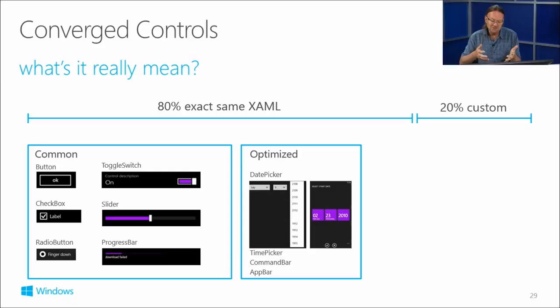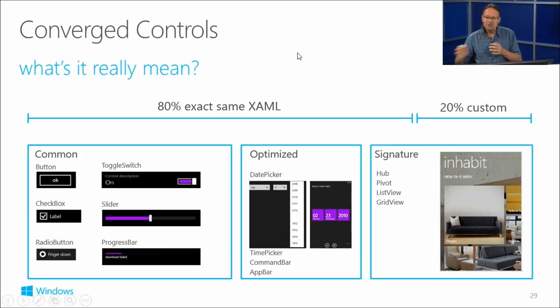A great example of that is the date picker, which on Windows Phone has these nice swipey rotary controls, but on the tablet or PC you're into more traditional drop-down boxes. And there are others that work like that as well. The last one we call signature controls, just because it's nice to think of them as a separate category.